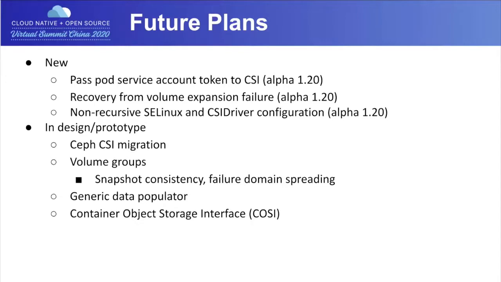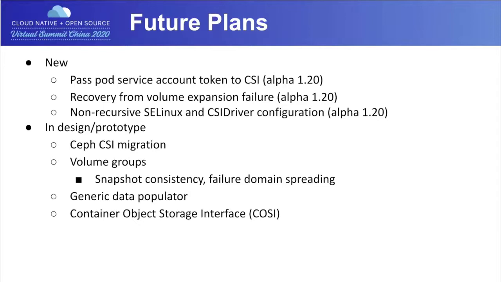There is already an any volume data source feature gate, which was introduced as an alpha feature gate in the 1.18 release. We want to have a generic data populator implementation completed so that we can promote this feature to beta in the 1.20 release.